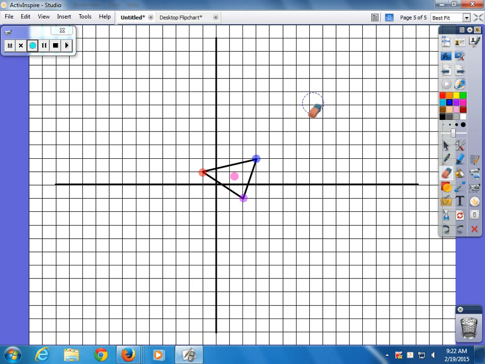Alright, this is 8. And what is this? 4 and 3. So m is equal to the summation of the masses, which is equal to 8 plus 4 plus 3, which is equal to 15. And 15 is the denominator.